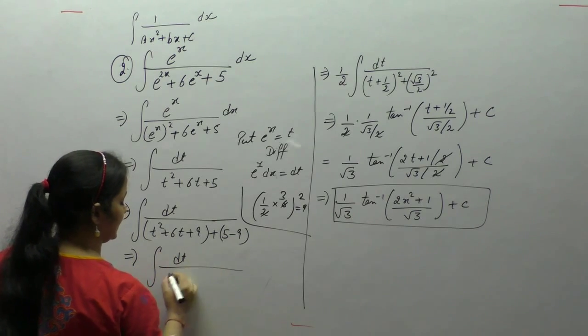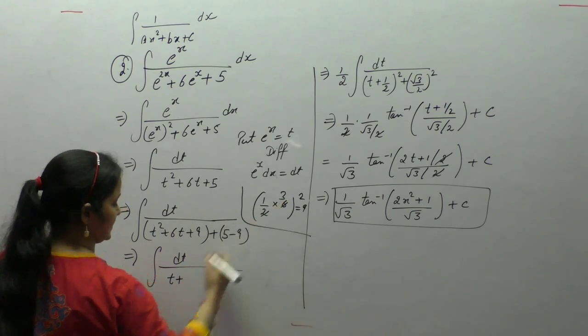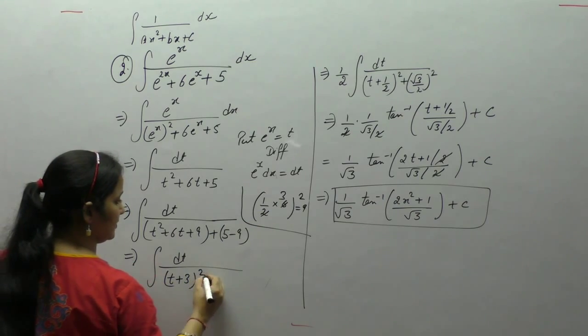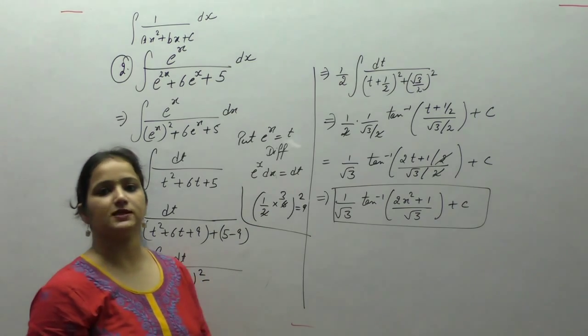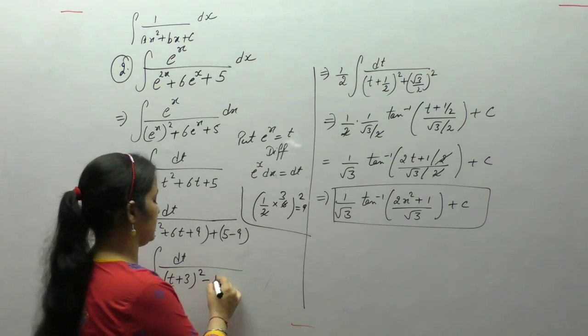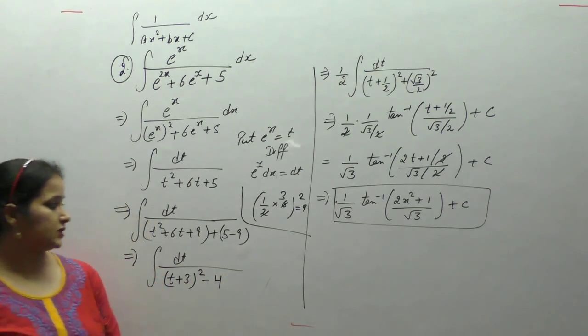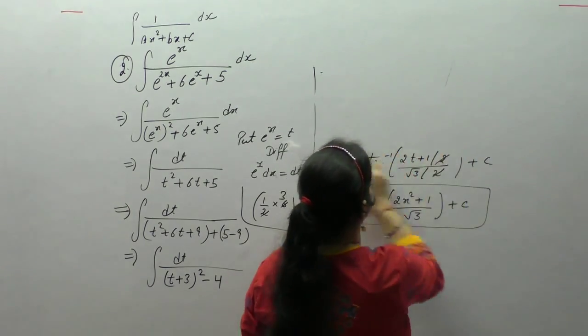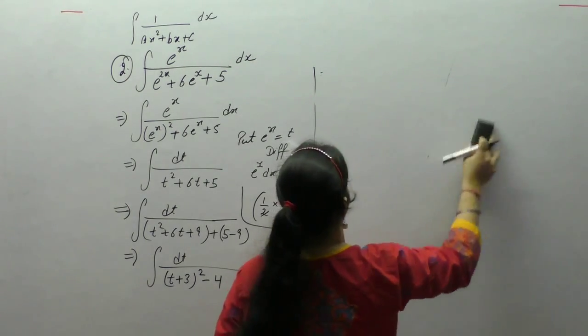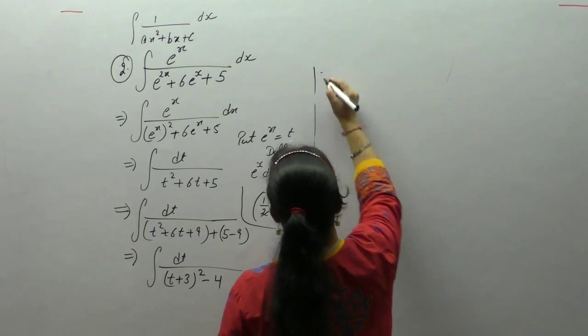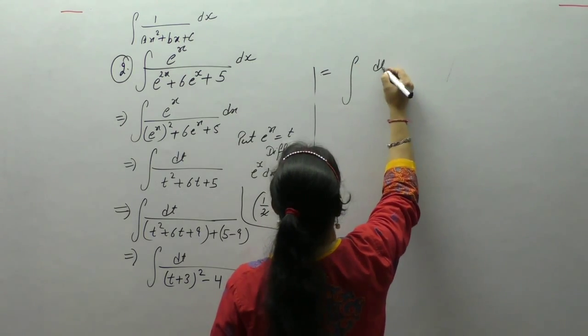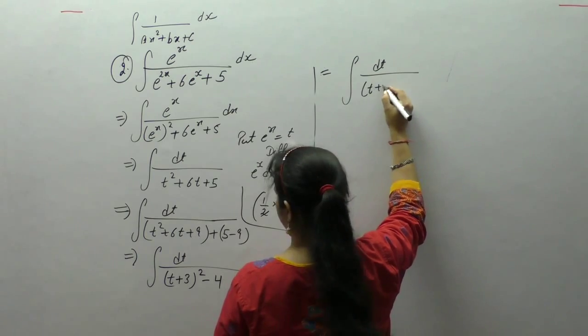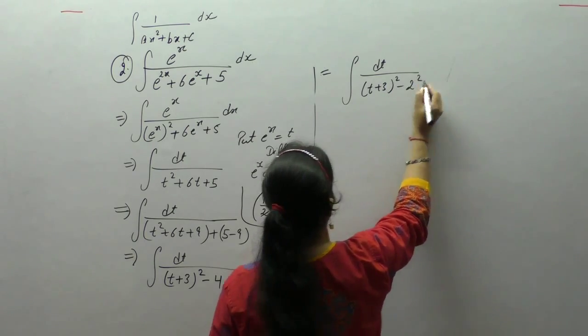dt, all the three terms are positive, so (t plus 3) whole square. 5 minus 9 is minus 4. Minus 4, write it as minus 2 square. Integral of dt upon (t plus 3) square minus 2 square.